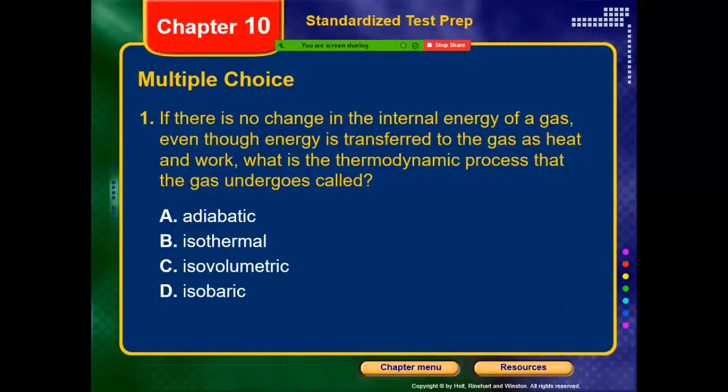Okay, multiple choice. This is the standard test for chapter 10.